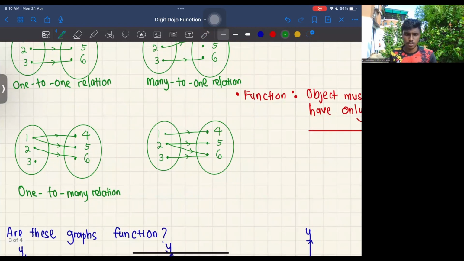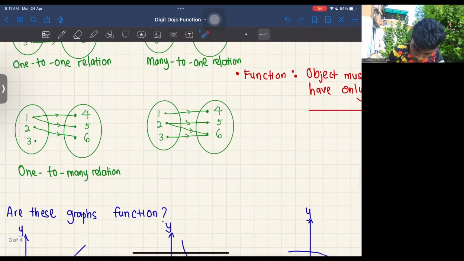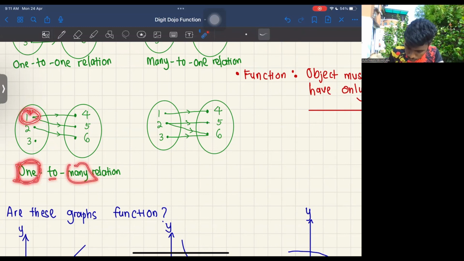As I told, one object is going to many images. Here we can see the object 1 is going to 4 and also going to 5, more than one image. So this is called one to many, because one object, 1, is going to many. What is many? 4 and 5.